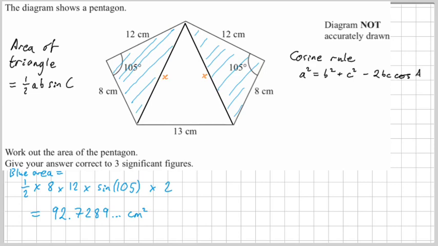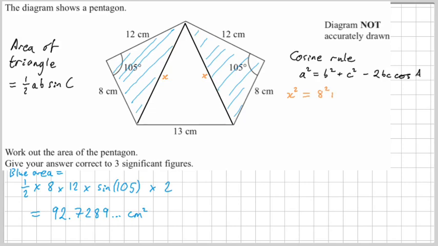Now, to label up the triangle this time, looking at the cosine rule, where can you see any angles? Well, there's only one angle in the cosine rule, so that must be this angle. So this must be capital A, this point here, and the x must be little a. And then again, your 8 and your 12 are interchangeable between B and C.